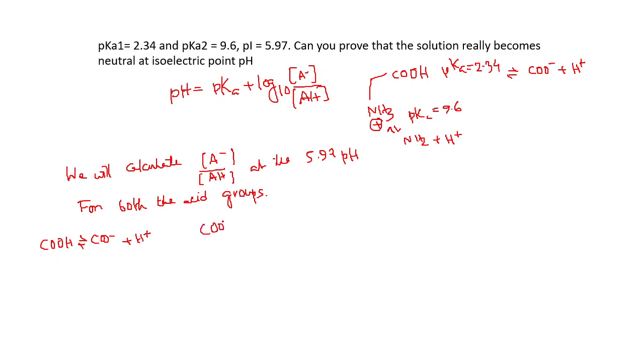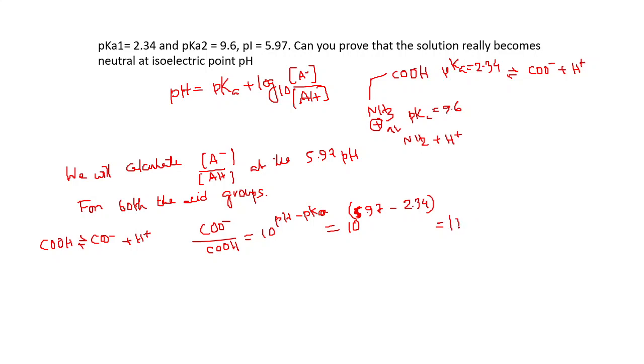For this, COO minus by COOH would be 10 to the power pH minus pKa. We just shortcut the whole thing: we took the pKa to this side and did the antilog, so that will be 10 to the power pH minus pKa. At pH 5.97, this would be 5.97 minus 2.34.